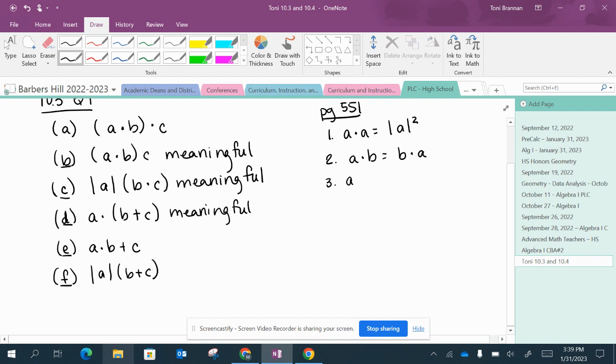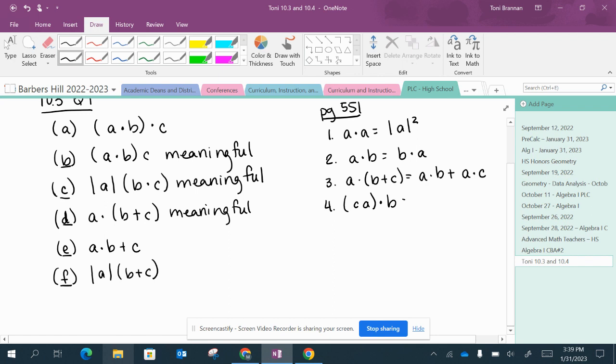Three, we had A dot the quantity B plus C, and here C is a vector, equals the dot product of A and B, plus the dot product of A and C. And four, now this C is my little italicized scalar. That's just some number.